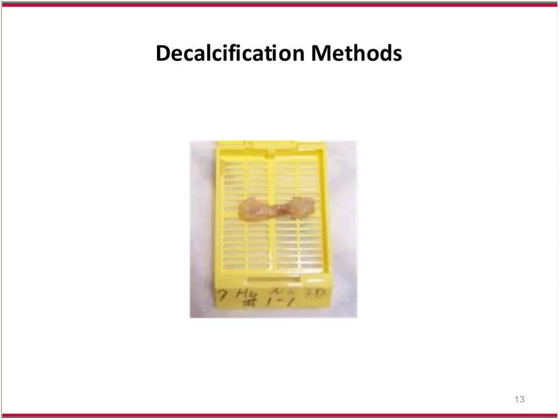Here's a femur fracture where you can see at both ends of the femur there's some extra tissue and muscle. That's necessary in order to hold the femur fracture together so it won't break when we're embedding or sectioning the sample.